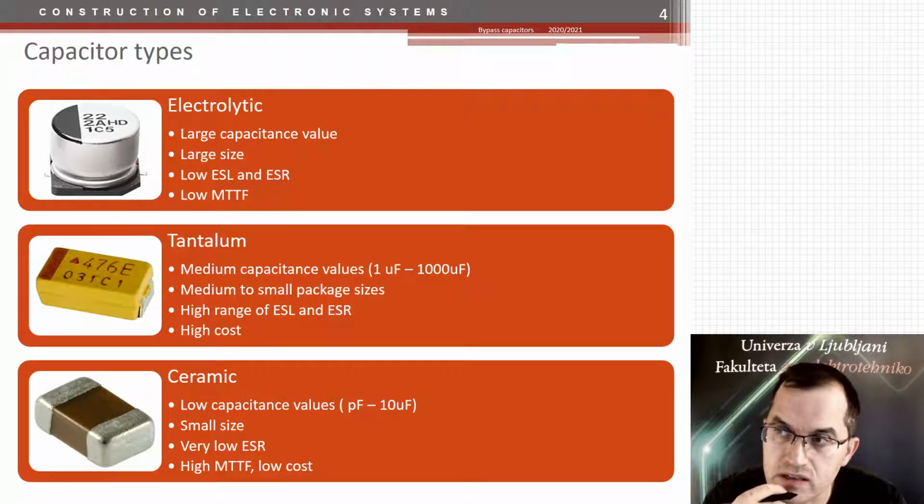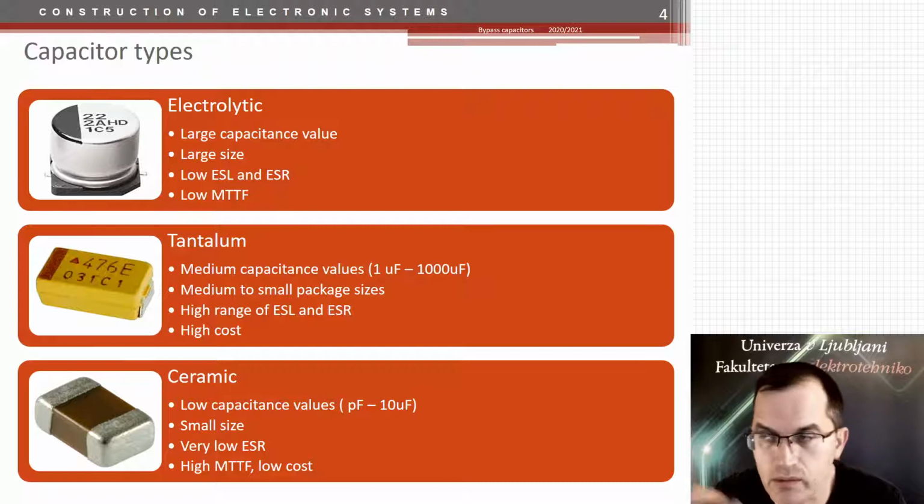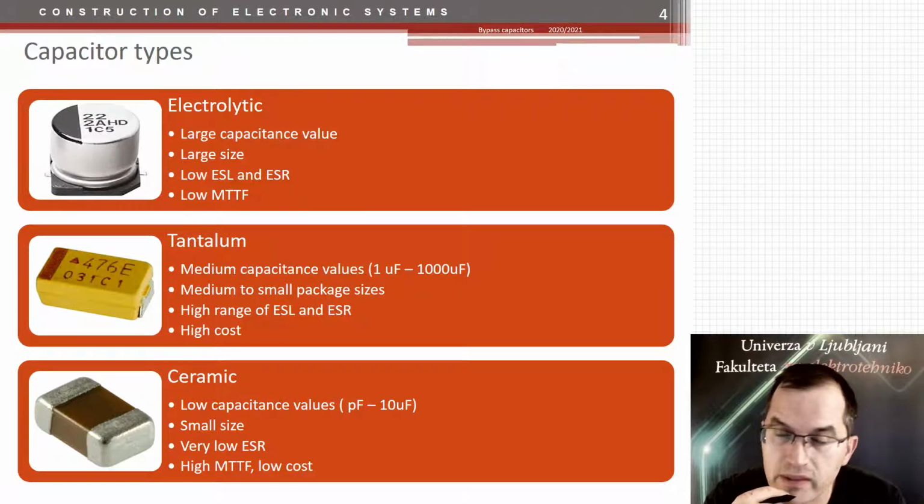Tantalum capacitors are a little bit smaller, much smaller for that matter. They have still quite high capacitance values, and they can reach different ranges of equivalent series inductance and resistance. So they are very good, some of them not very. But they are very expensive.